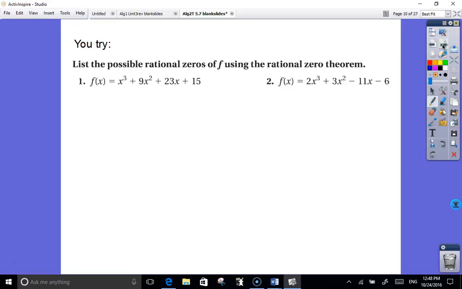Okay, so let's try these. Try them both. The one on the left should be pretty easy because it's got a leading coefficient of 1. The one on the right will have a little bit more.